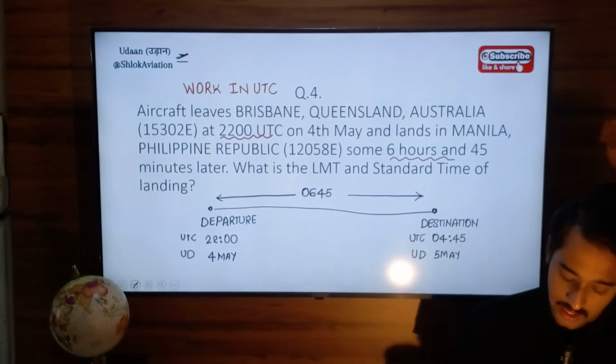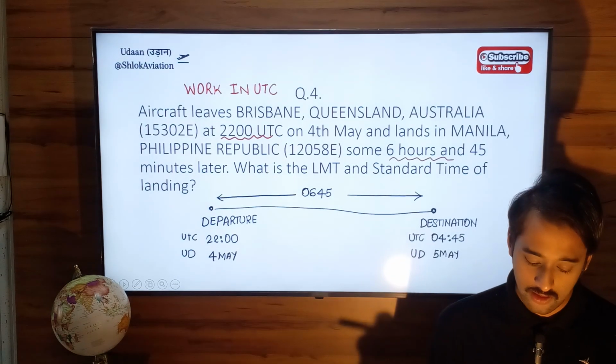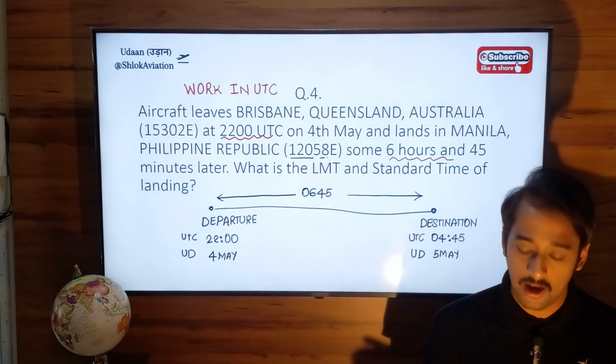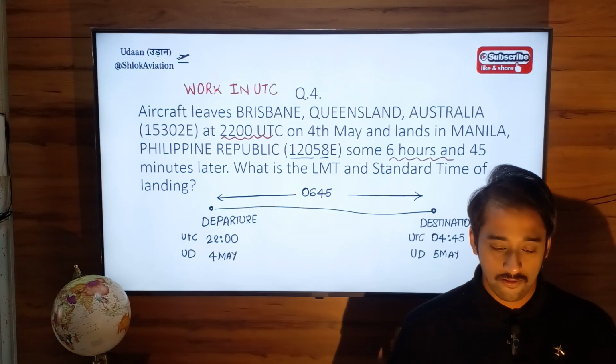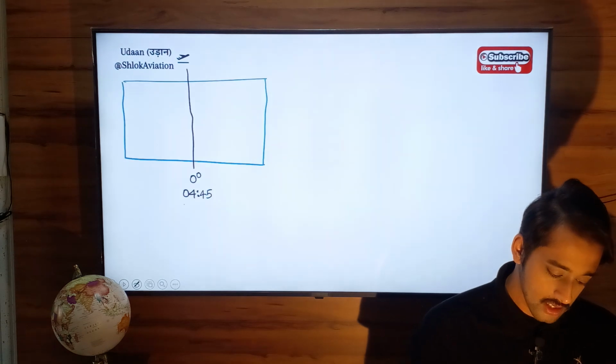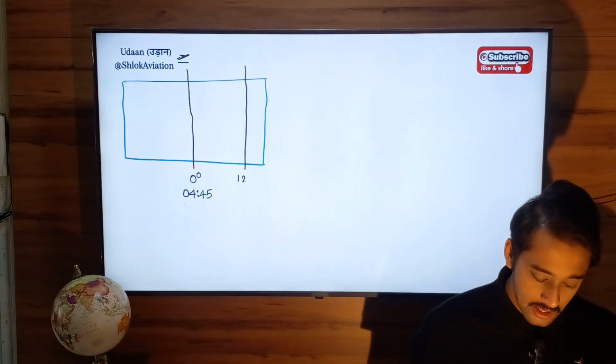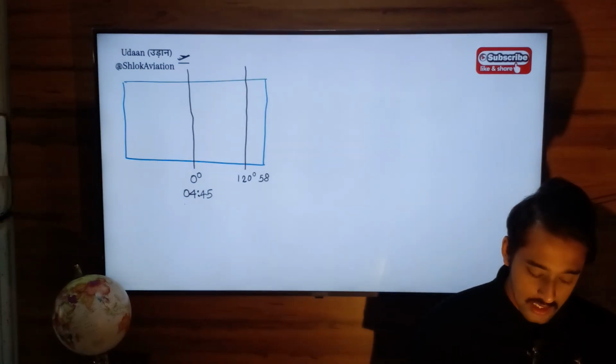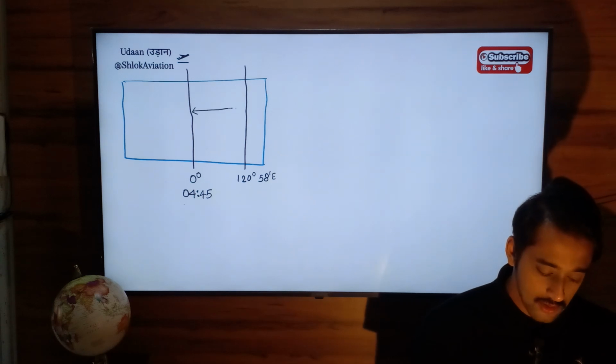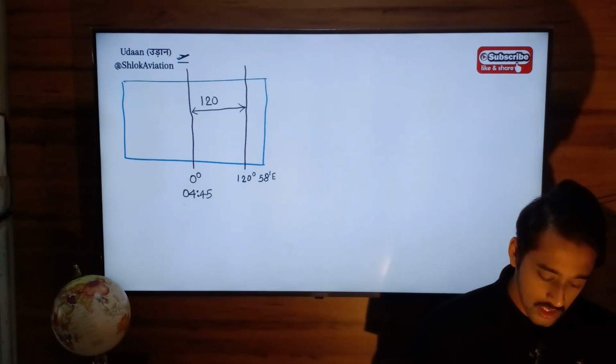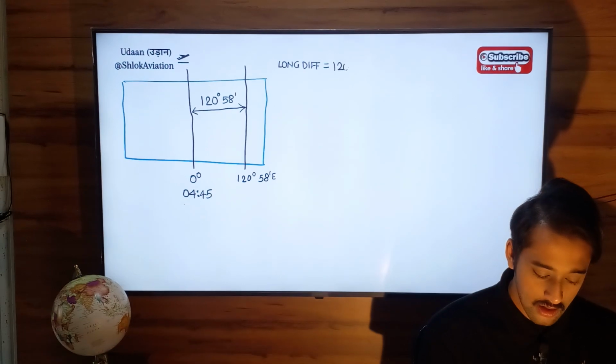We have another meridian, that is the meridian of the destination, which is 120 degrees 58 minutes east. The difference between these two longitudes is 120 degrees 58 minutes east.